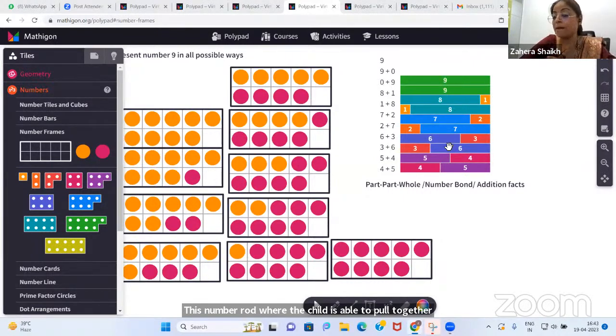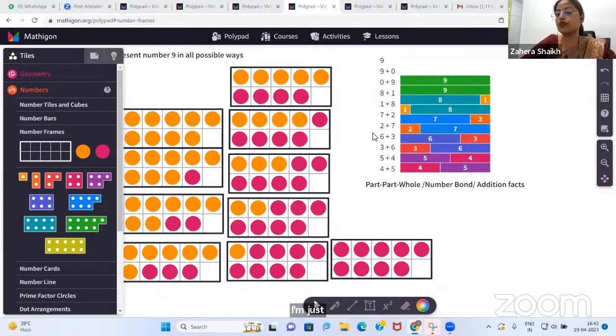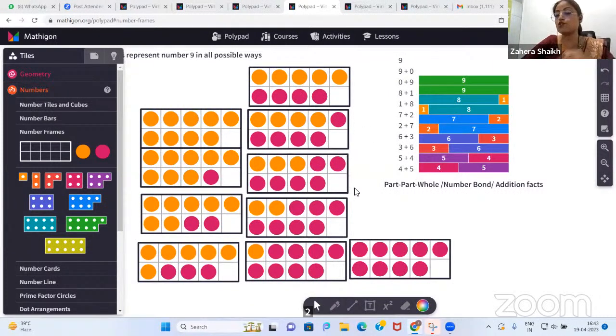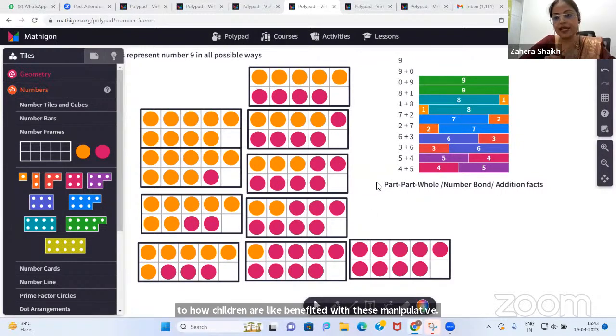And this is nothing but, you can say, the basics of the fractions that the child is going to learn in the coming years, right? So today I'm just talking about the foundational age, from K to 2, how children benefit from these manipulatives to build maths competency, right?